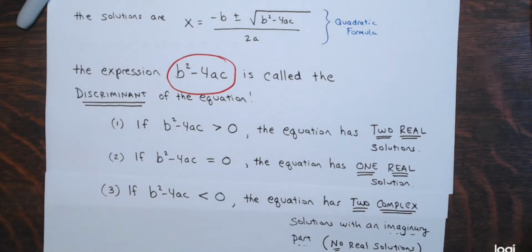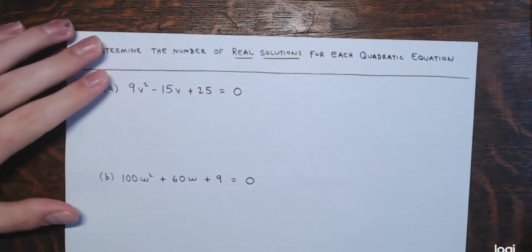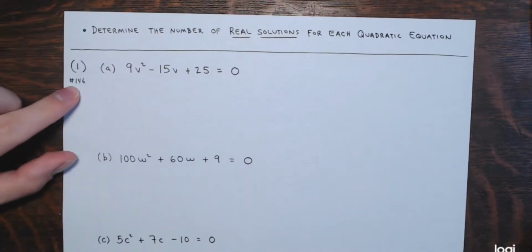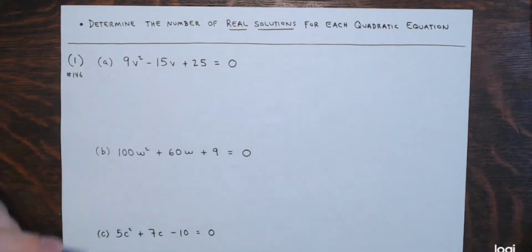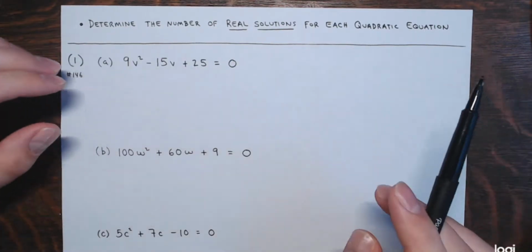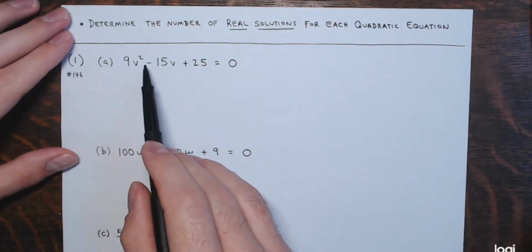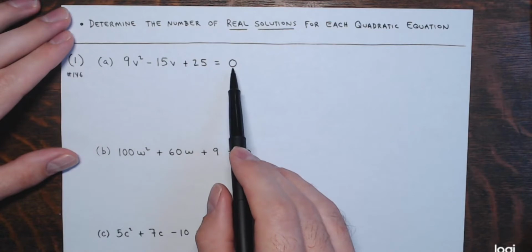Okay, fantastic. Now, let's get into the first question. Going back to the exercise, example 1, which is exercise 146 from the text, we're asked to determine the number of real solutions. So part A, this equation is in the form that I want.